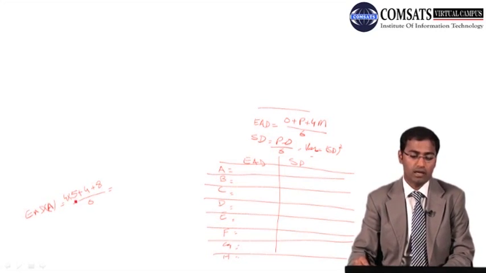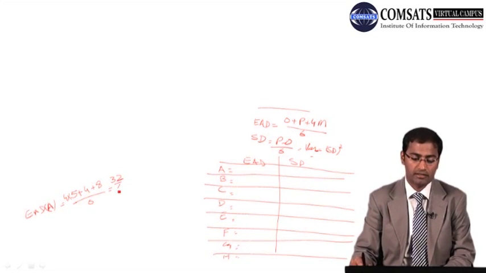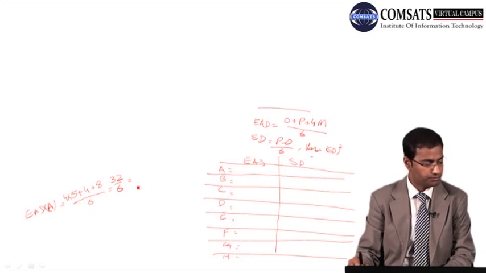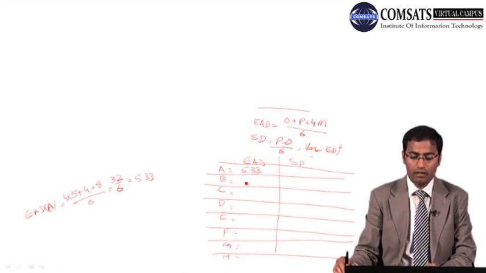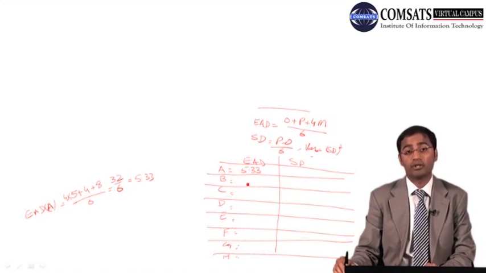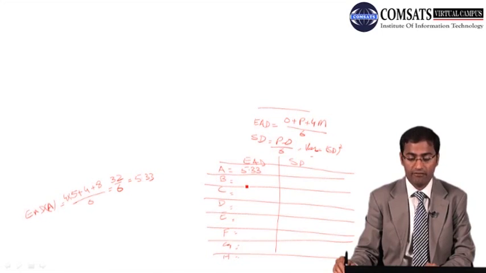So 12 plus 20, that is 32 by 6, so we have 5.33. So we put 5.33. Okay, similarly we can find the duration of B, C, D, E, F, G, H.